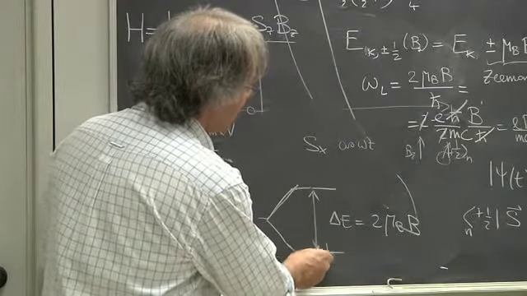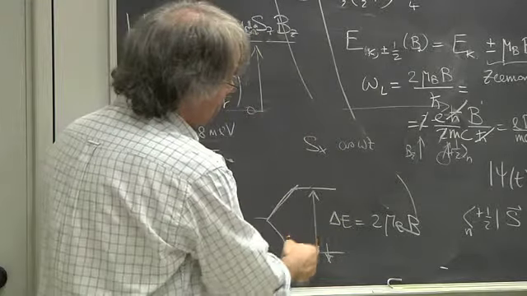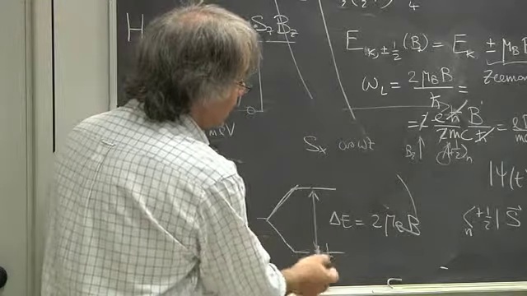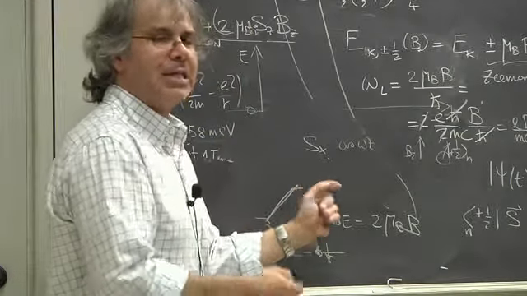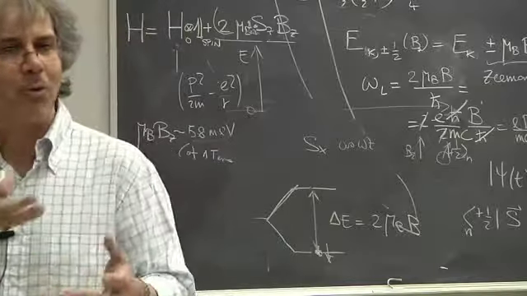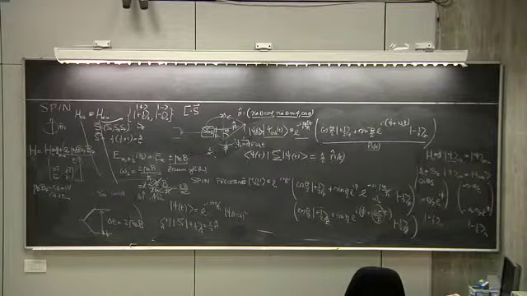If you send a time-varying field with the frequency that matches the splitting, the system flips the spin and absorbs energy. It is a bit like what well-known atoms do when they absorb photons. The photons match exactly the energy splittings, and the photons are an oscillatory perturbation, and they promote the excitation of the atom from one state to the other.